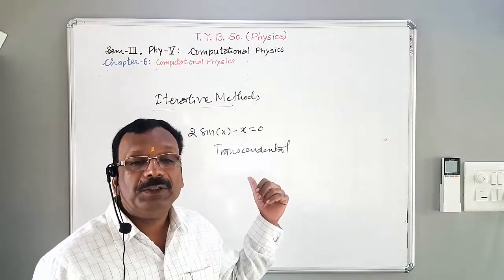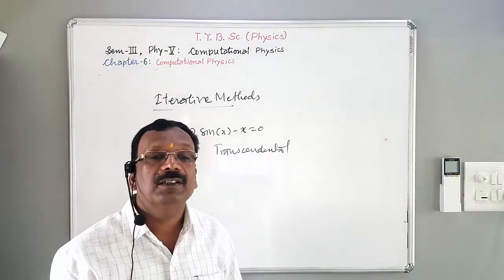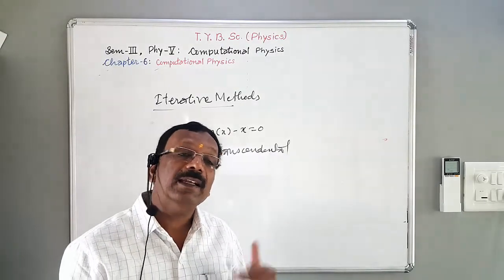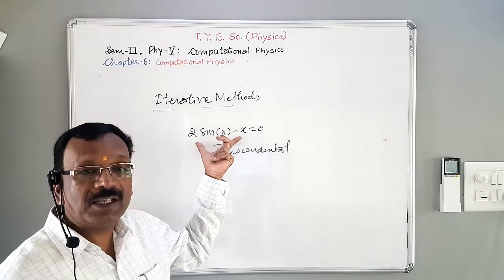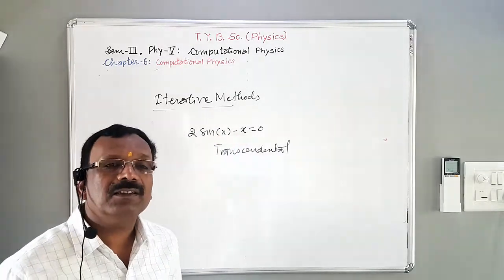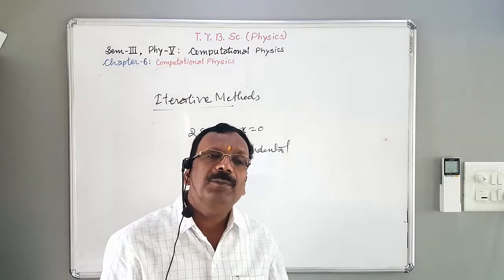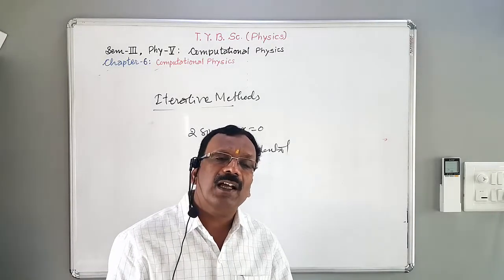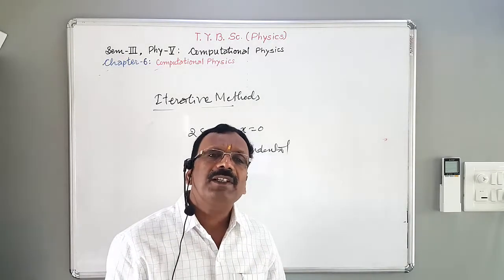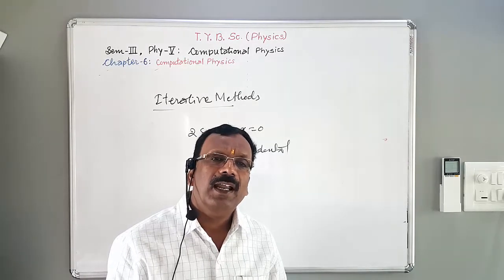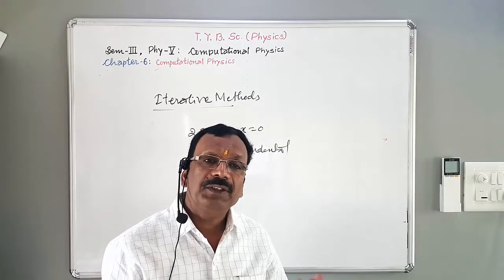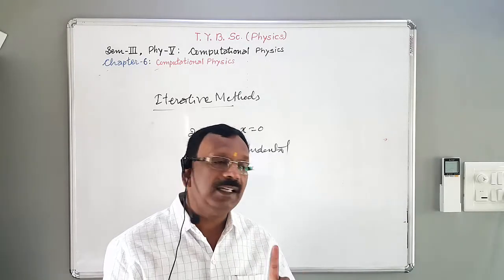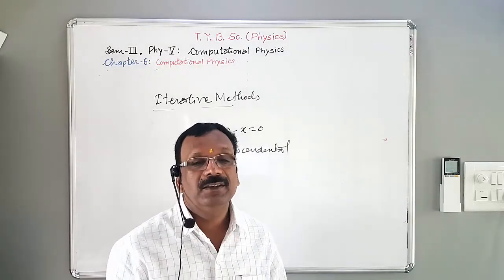We may use the graphical method or trial and error method in order to obtain the solution or roots of such transcendental equations, but graphical method or trial and error method are cumbersome and time consuming. So we can use the best method, that is numerical method.